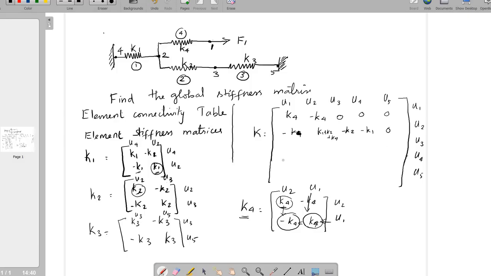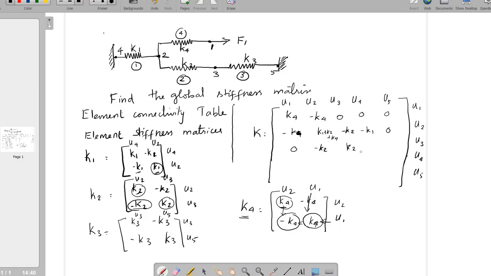Next, U1 U3 is also 0. U2 U3, the value is minus K2, so put here minus K2. U3 U3, definitely there will be a constant, that is K2.